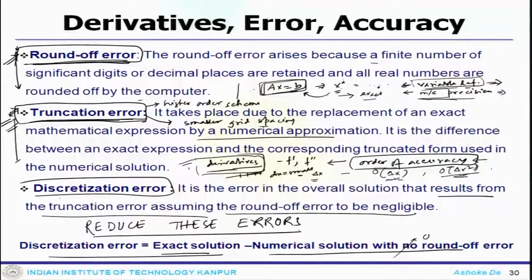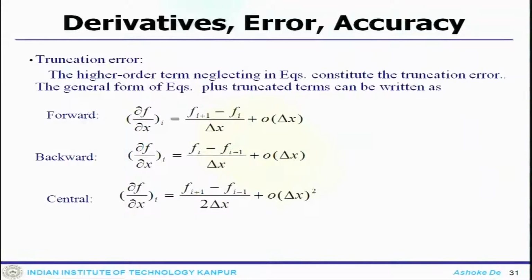Once you reduce these errors, you will have an accurate numerical scheme, and that is what one desires to have. As much as possible you should reduce these errors, through higher order schemes, through smaller grid spacing, through proper variable definitions and all these things.